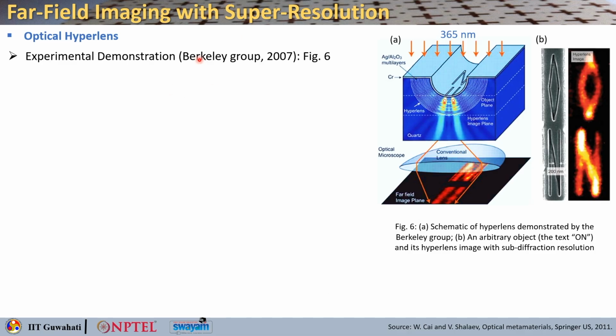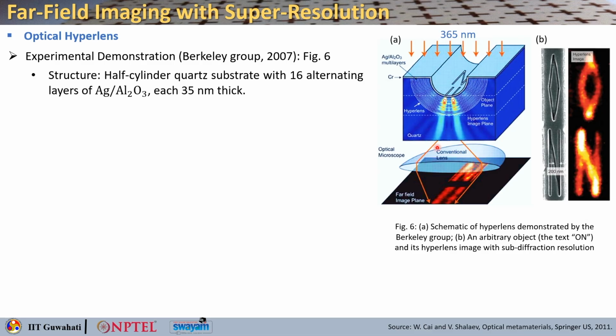Here is one example of a hyperlens being used for this kind of application. This is a hyperlens demonstrated by the Berkeley group in 2007. The structure here is a half cylinder with quartz substrate. This half cylinder has 16 alternating layers of silver and alumina, each being 35 nanometer thick.